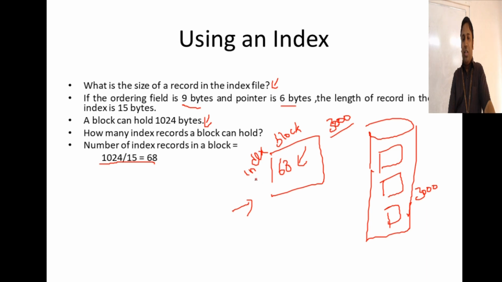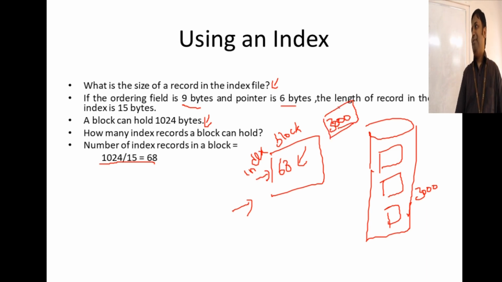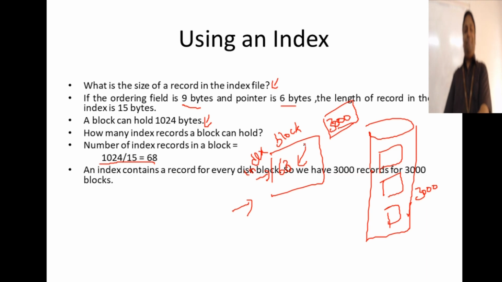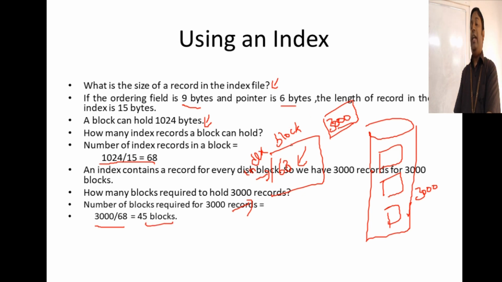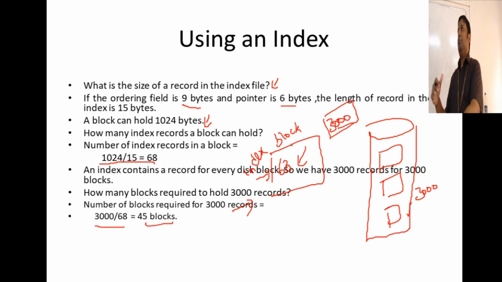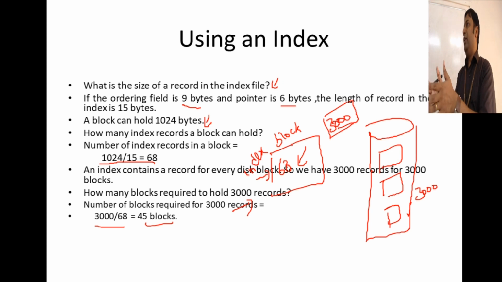So how many blocks do we require to hold 3000 entries? It's very simple, 3000 by 68. So you need 45 blocks to create your index. I told you the index is also on your hard disk, so it's also held in a block. So you need 45 blocks to hold your index alone.